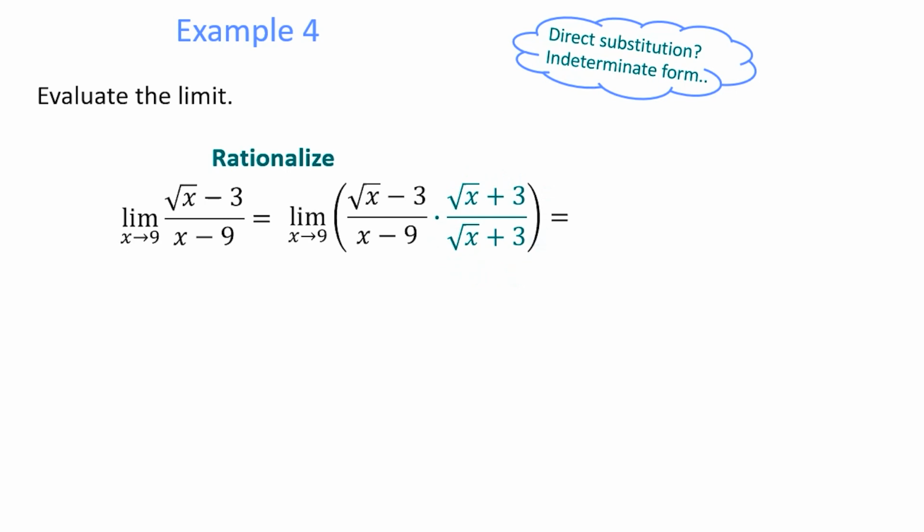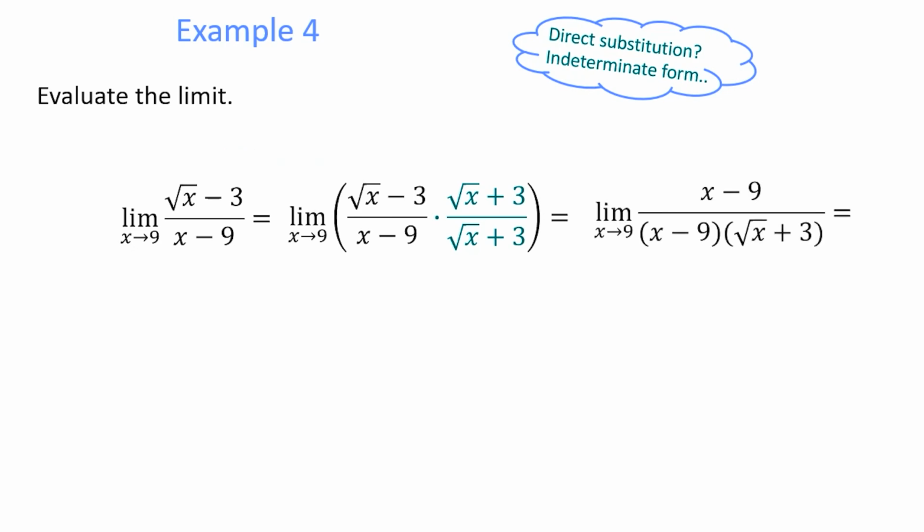We will have to use the conjugate of the numerator. This way, we will remove the radical expression and we will have a radical in the denominator. If we do so, we will be able to simplify by x minus 9. So we will get a simpler fraction, and if we use direct substitution here, we will get 1 over 6.